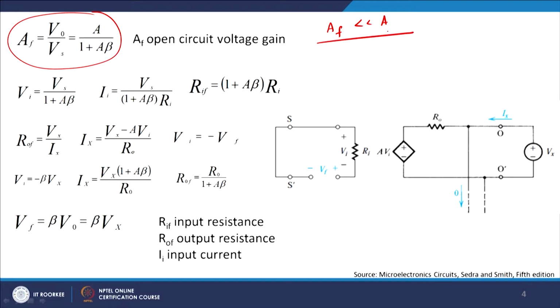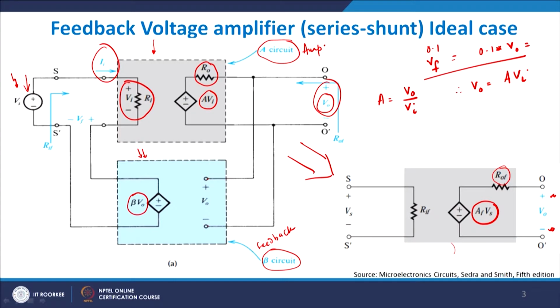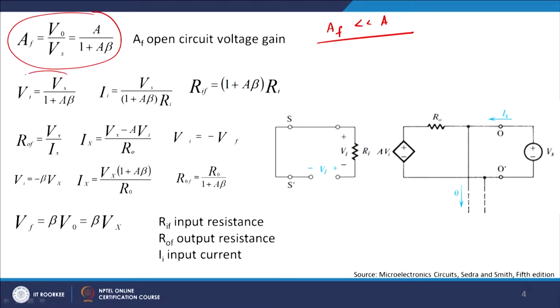Now, you see Vi will be equal to Vs upon 1 plus A beta. Where did we get this from? Vi is the input voltage, which is this voltage which you see. So, I am looking at Vi by Vs. This is nothing but a voltage divider network, and I get Vs upon 1 plus A beta.